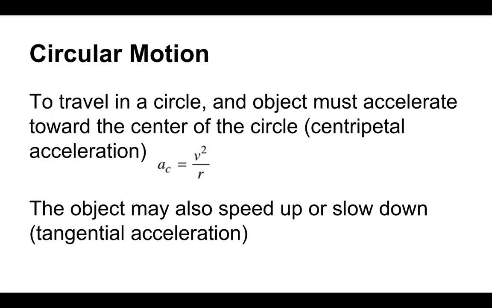There really isn't much of that, or really any of that, on the AP exam. They wouldn't ask you specifically for tangential acceleration anyway. But if something is getting faster or slower, just be aware that that doesn't affect how we calculate centripetal acceleration. The v at that moment squared divided by r is going to be the acceleration at that moment.